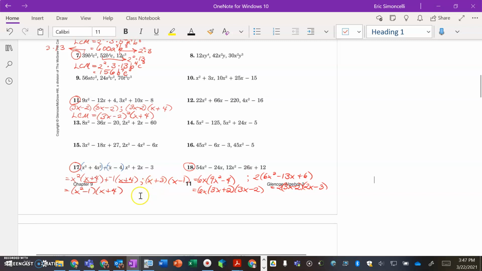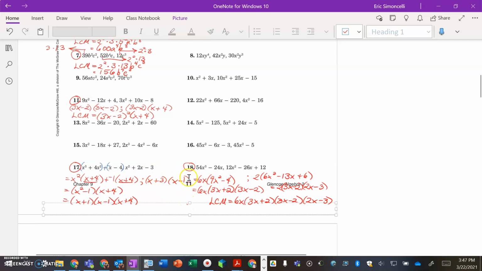And let's see what we can do from here. Technically, this little binomial is still factorable, and I'll go one extra step with that as follows: x plus 1, x minus 1. So if we're comparing x plus 3 and x minus 1 to this, x plus 1, x minus 1, and x plus 4, the terms altogether, as you can see, you've got an x plus 3, you've got an x minus 1, and you also have one here as well.